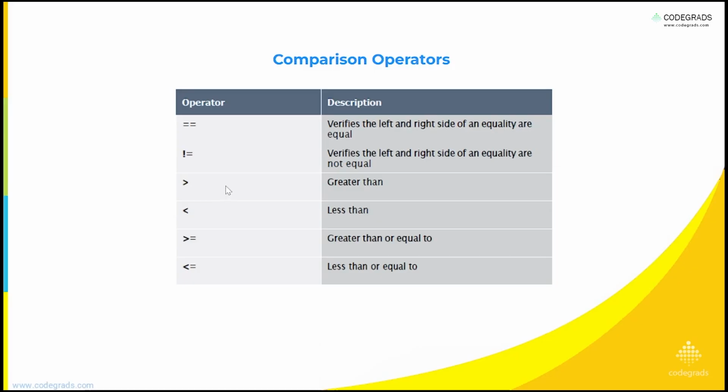It will check, is 5 greater than 3? Yes. So in the output we will get True. That is the comparison operator we can use for comparing two values. If I want to check whether a number is lower or less than, like if 5 is less than 3, it should show False. That is the comparison operator.